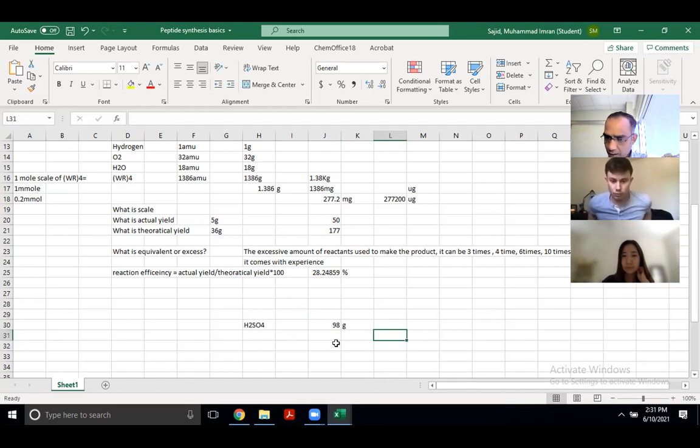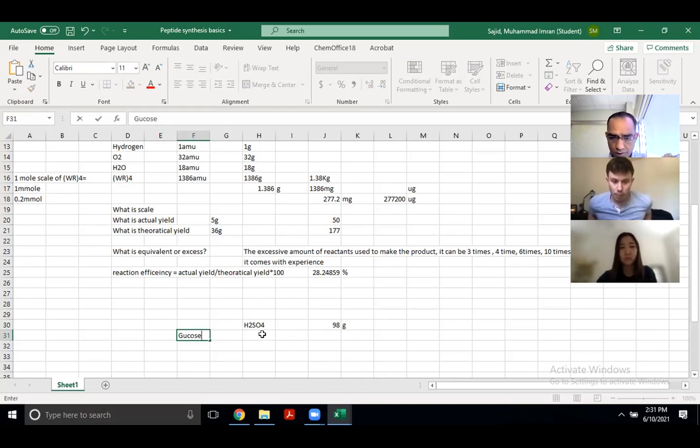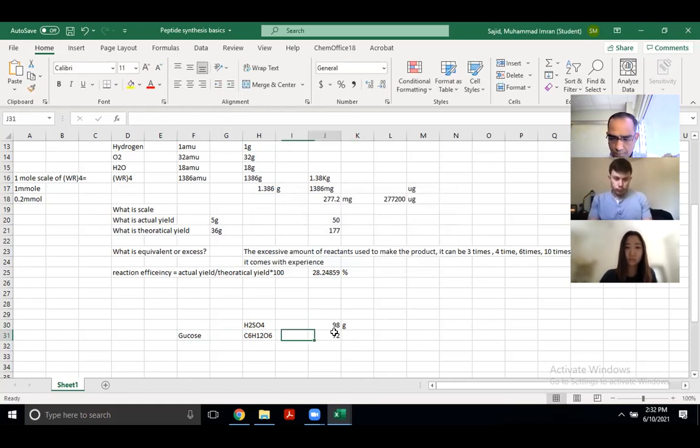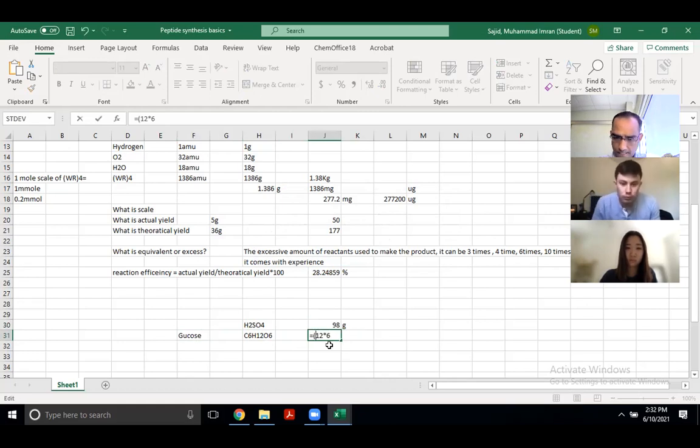Got it? So if I ask you glucose, the glucose is C6H12O6. Am I right? So it equals 12 into 6, plus 1 into 12, plus 16 into 6.